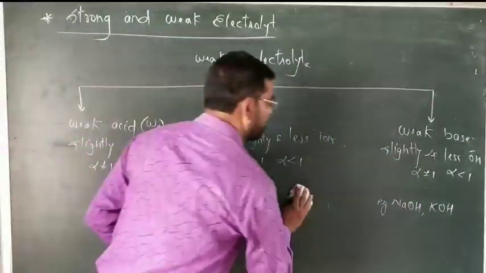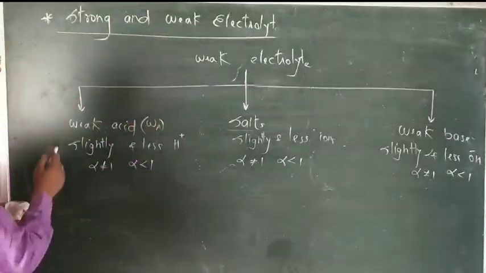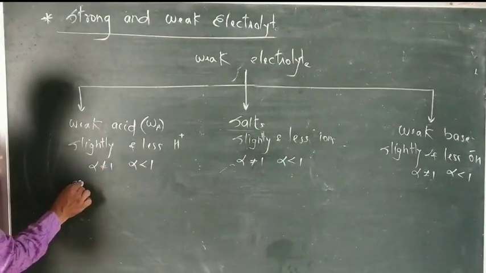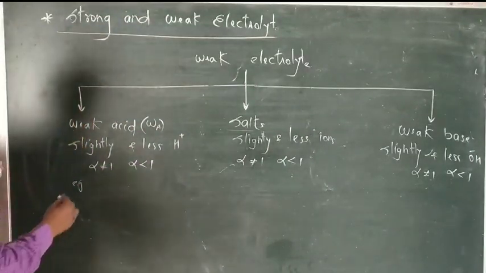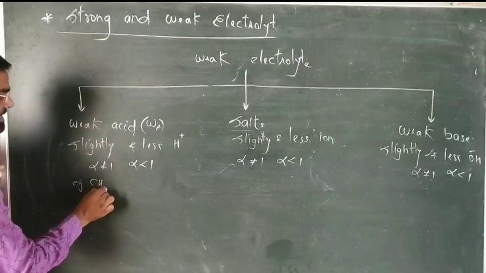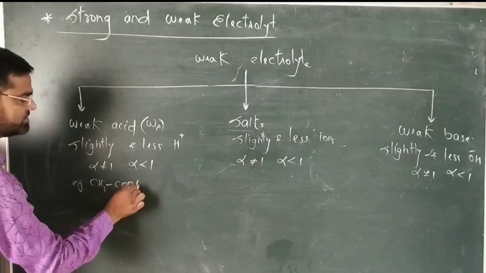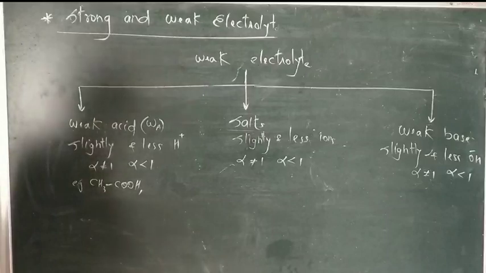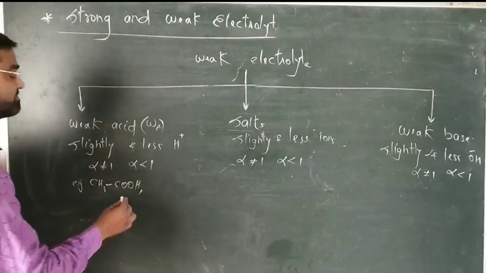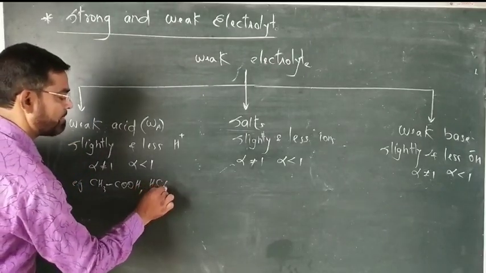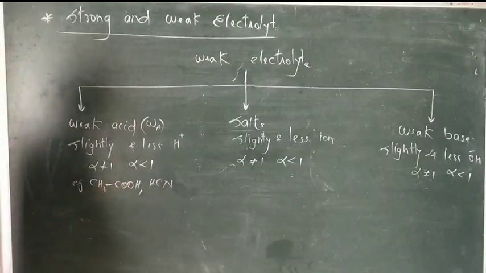Examples. Much more examples are there. In weak acid, a lot of examples are there. For example, acetic acid, formic acid, propionic acid, benzoic acid from the carboxylic acids, as well as hydrogen cyanide.